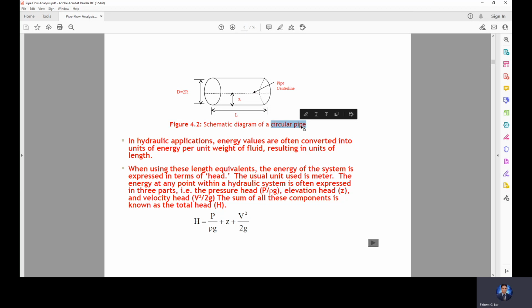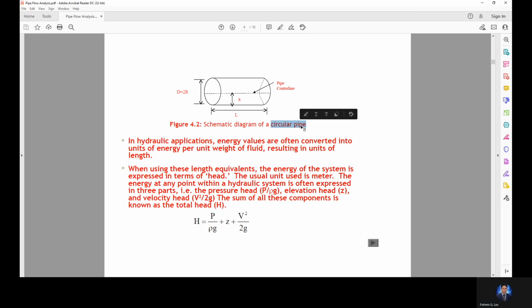I've seen pipes that are elliptical or parabolic, and it's very uncommon. Those pipes were designed for a particular purpose. So for general purposes, we can presume that almost all pipes used for practical applications in water flow or pipe systems are circular in cross section.